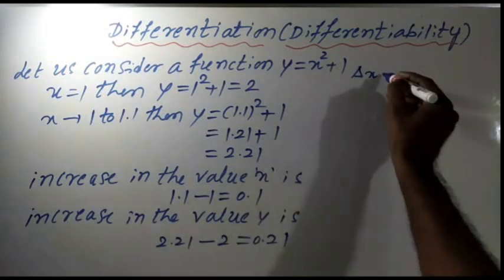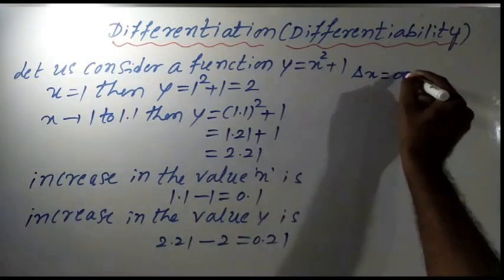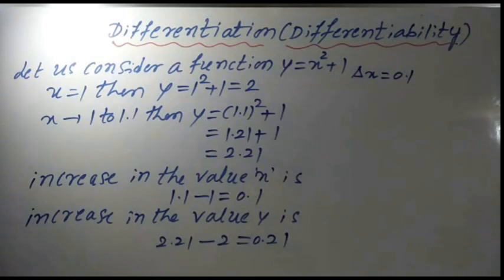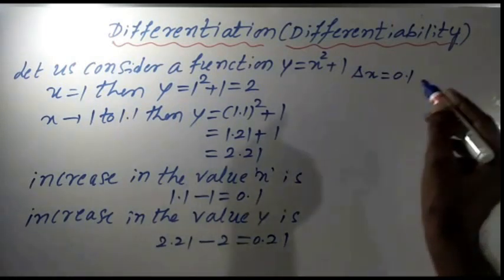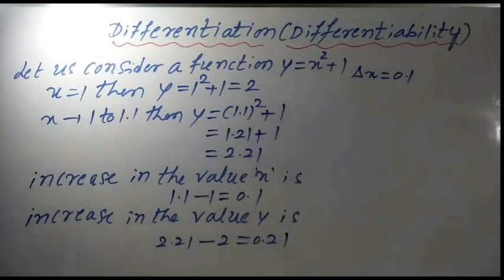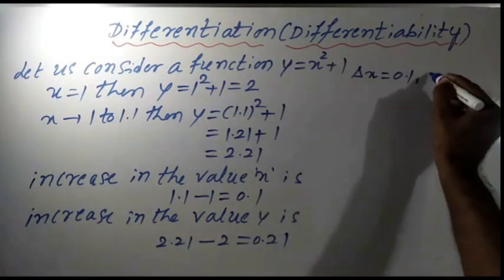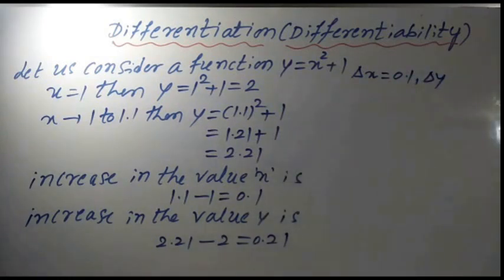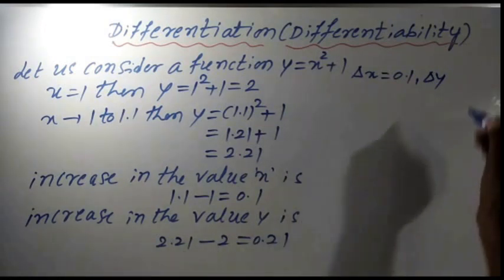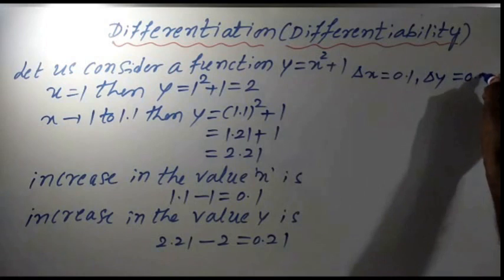Therefore delta x is equal to 0.1. This is the increment in x. Similarly, the increment in y is denoted by delta y, that is 2.21 minus 2 is equal to 0.21.